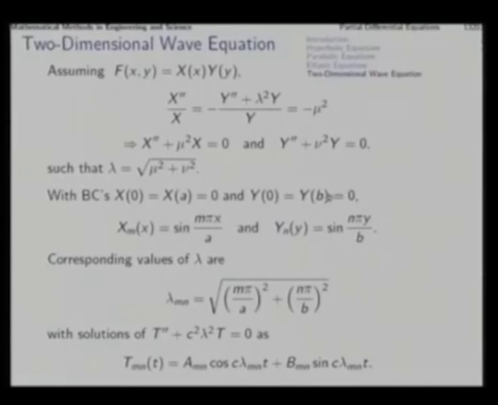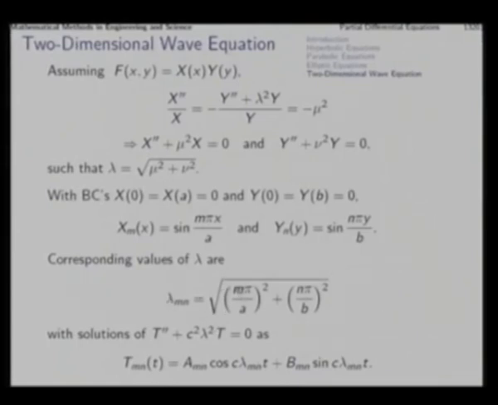So, we find that mu equal to m pi by a will give us solutions for x, nu equal to n pi by b will give us solutions for y, and for every value of m and n, that mu and that nu will give us different solutions for X_m and Y_n, and the corresponding value of lambda will be found from here, that is square root of mu square plus nu square.